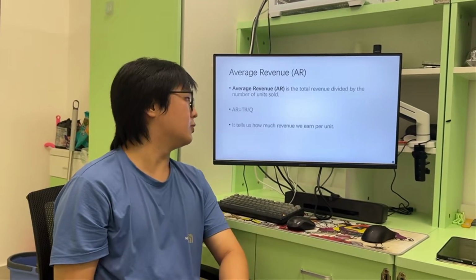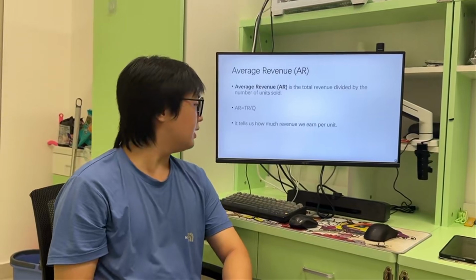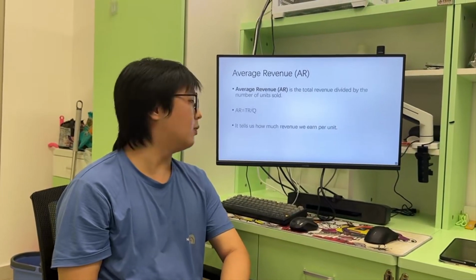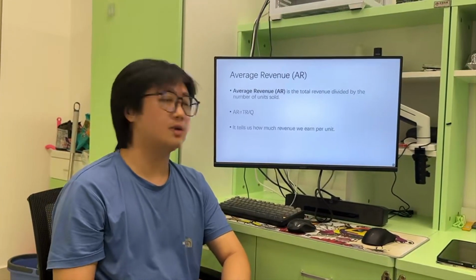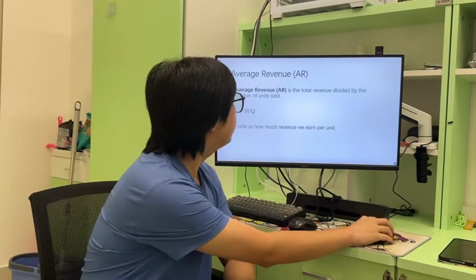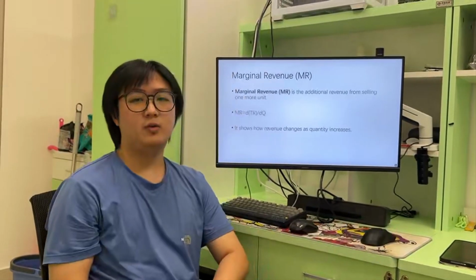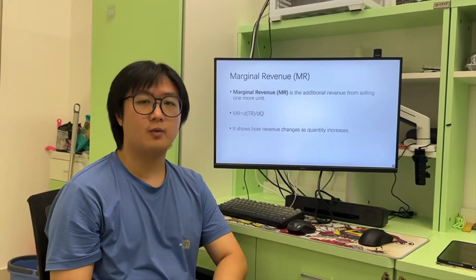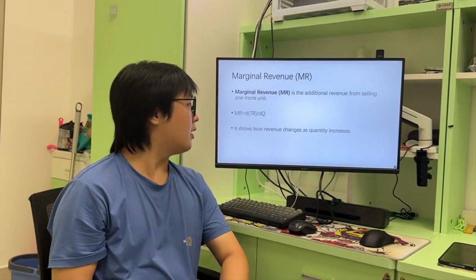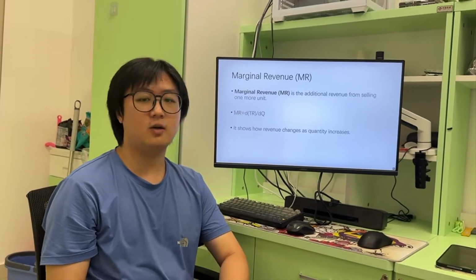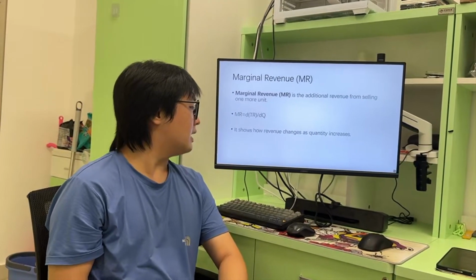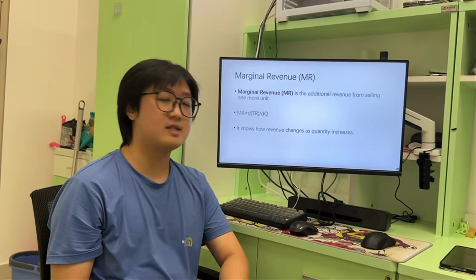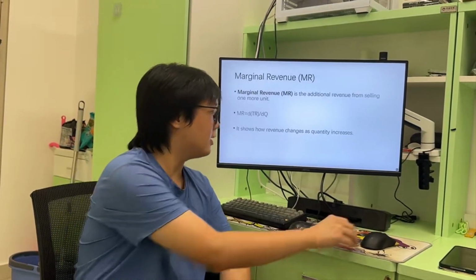AR equals TR over Q. It tells us how much revenue we can earn per unit. Marginal revenue MR is the additional revenue from selling one more unit. MR equals dTR over dQ. It shows how revenue changes as quantity increases.